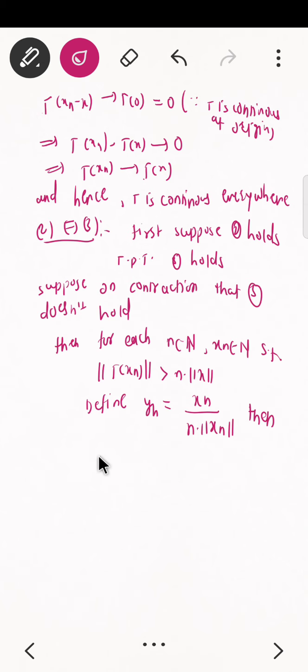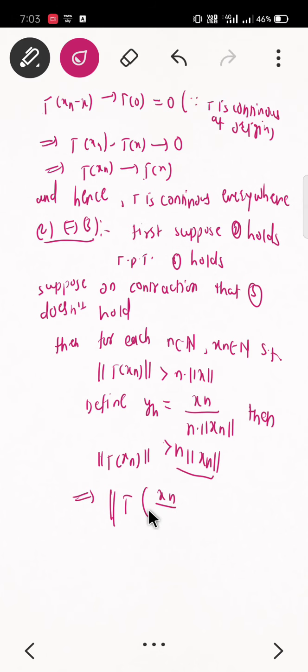As we know that norm of T of xn is greater than n times norm of xn, if we take this quantity on the left-hand side, with these two terms in the denominator and numerator, the right-hand side remains 1.